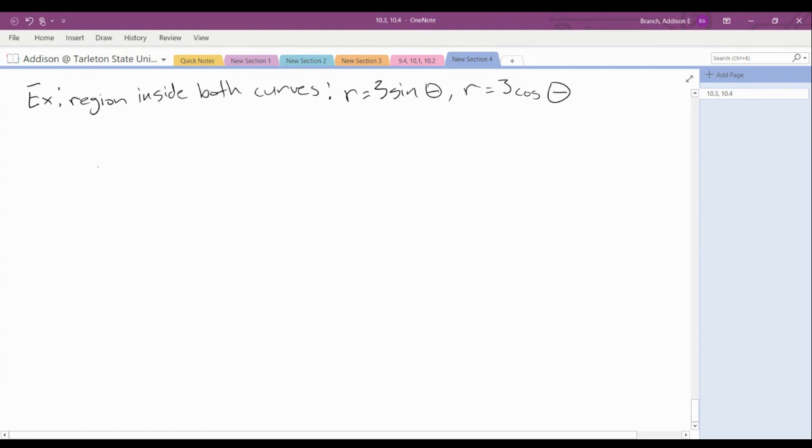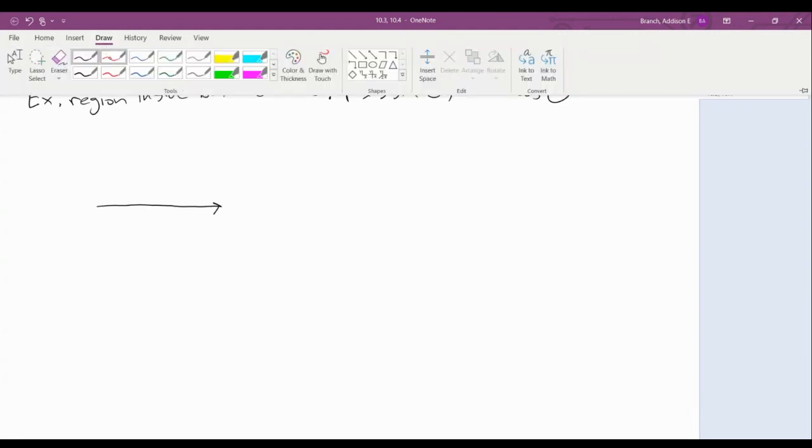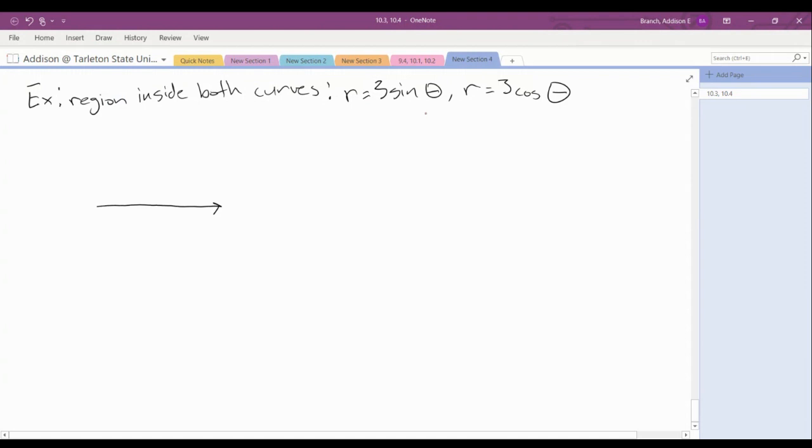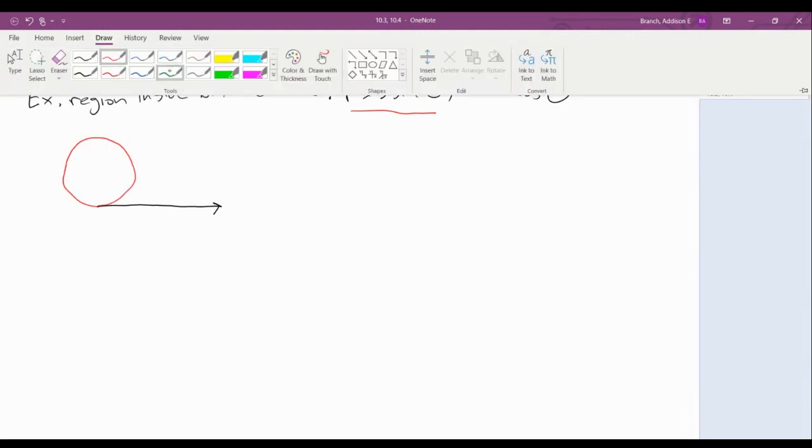So once again, our first step is going to be to draw our graphs. I'm going to draw the first one in red. We have r is equal to 3 sine of theta, so we know that's going to be a circle going straight up with a diameter of 3, I misspoke.